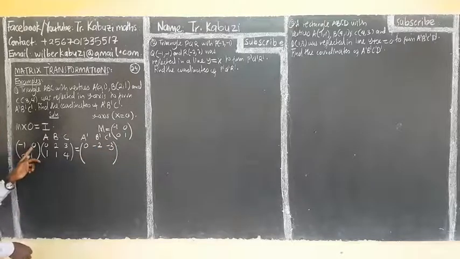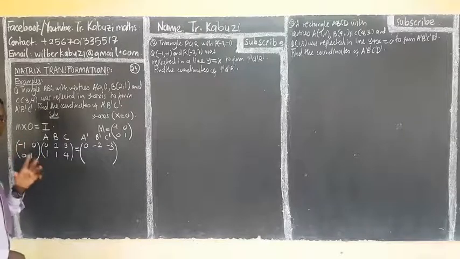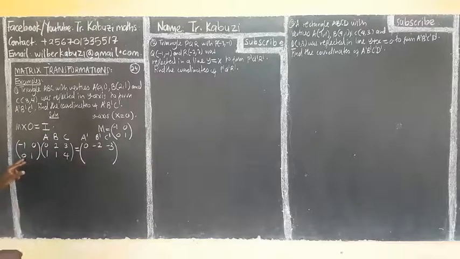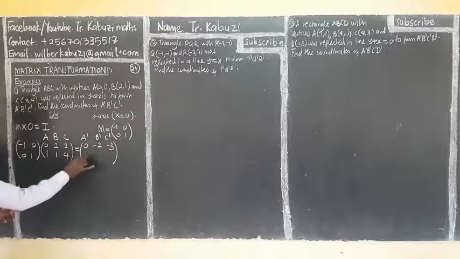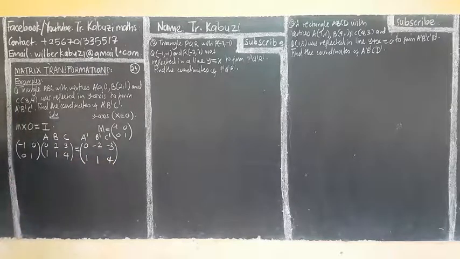Whenever you have a 0 in your row, multiplication has been simplified. Even here we have a 0, but this 0 is multiplying the first, so 0 times this is 0, 0 times this is 0, 0 times this is 0. So there, just get this one and multiply it here, to be 1, 1, 4 with ease, and you will be through.